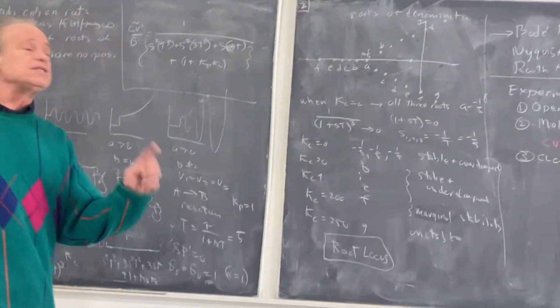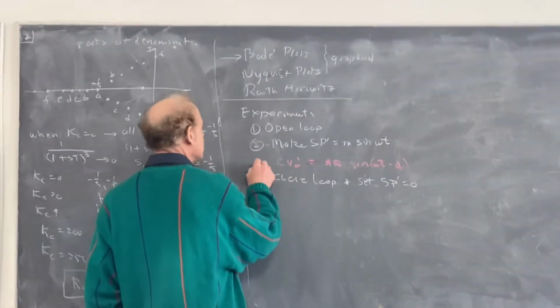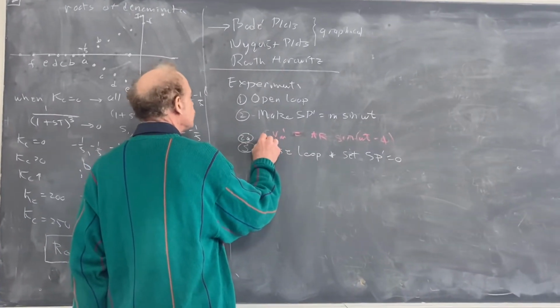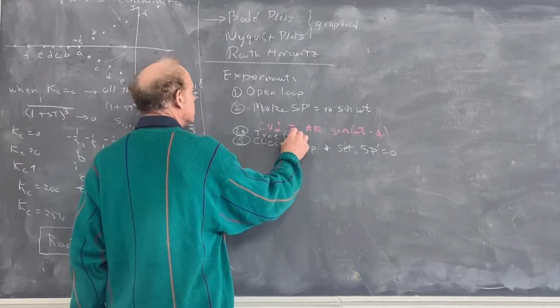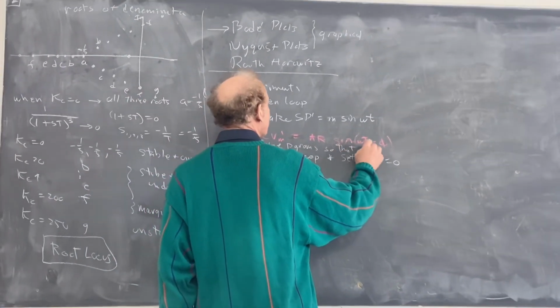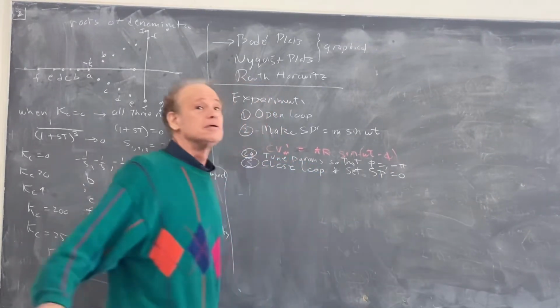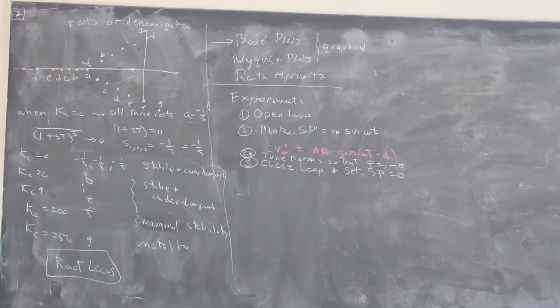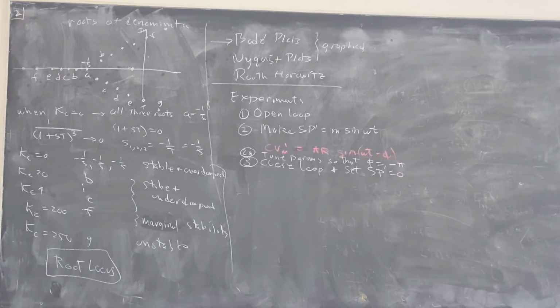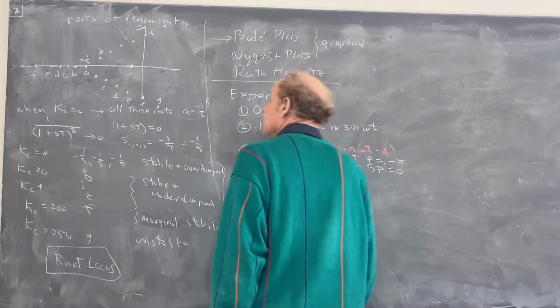But before I do that, this is 2A: I'm going to tune the parameters so that phi is equal to minus pi. I want phi to be minus pi. You'll see why in a second.